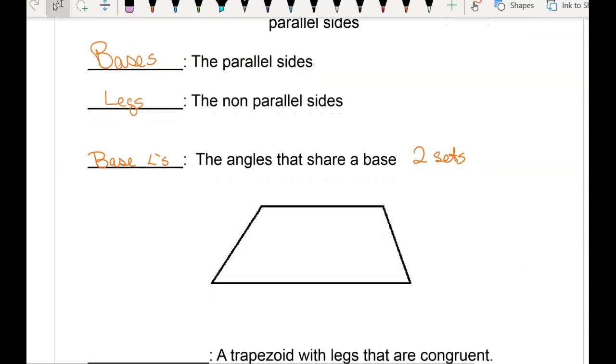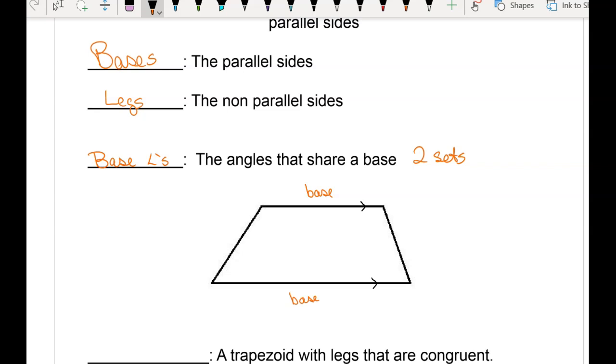Okay, so this is a picture of a trapezoid. So we are going to label the parts. One little notation is missing, so I'm going to put it right here. They didn't have those sides marked as parallel, so I added that. So the top part is called a base, and this bottom one is also called a base.